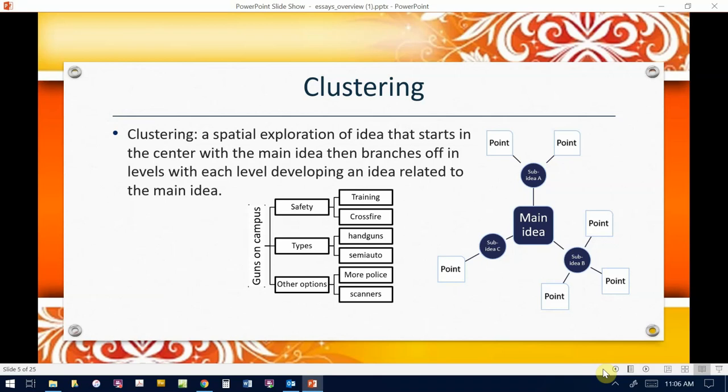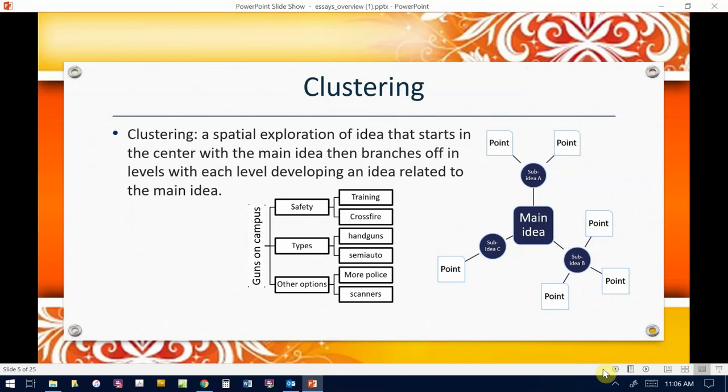So what you're going to see is that in the center of the page, in either a square, sometimes you double circle it or whatever, you're going to put your main idea. And then you're going to have little satellites that branch out from that main idea, and they're going to have a different shape, or instead of maybe being a double bubble, you just single bubble it. But you're going to write all of the points that you could make about that main idea.